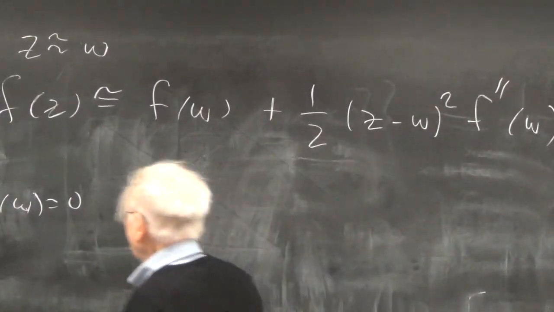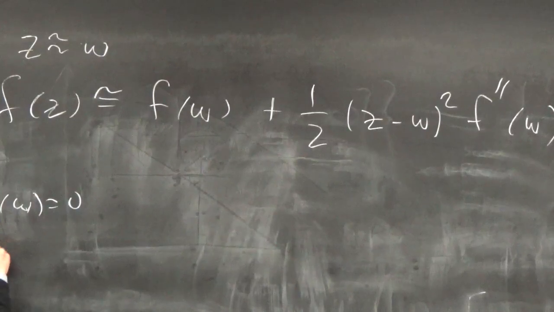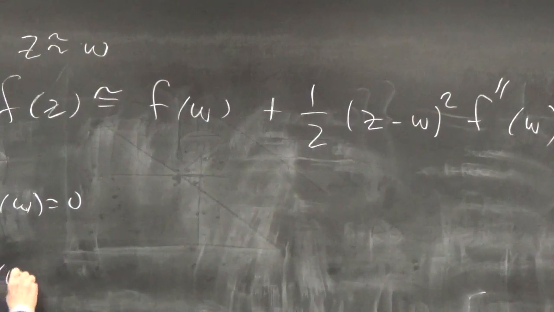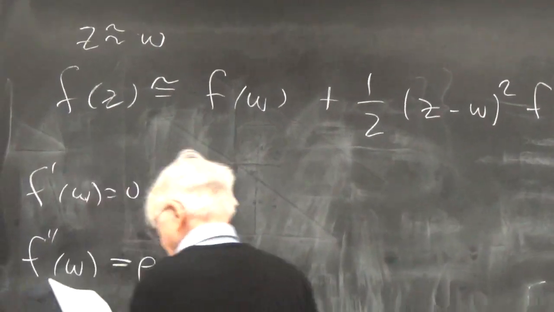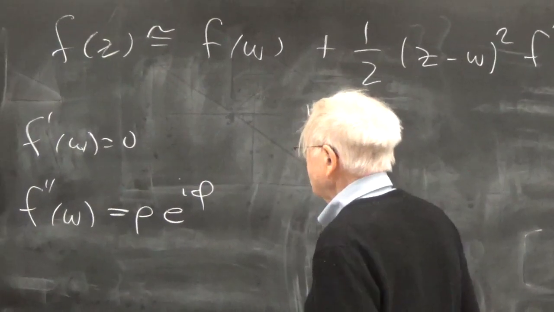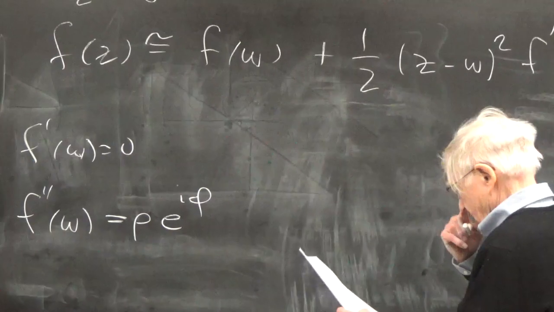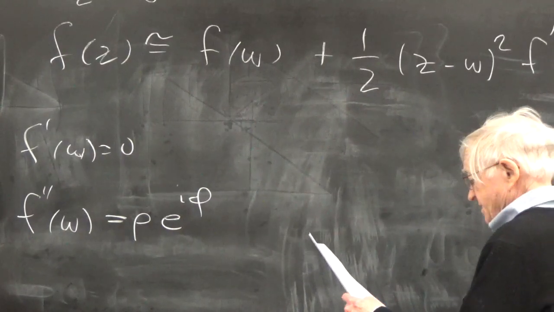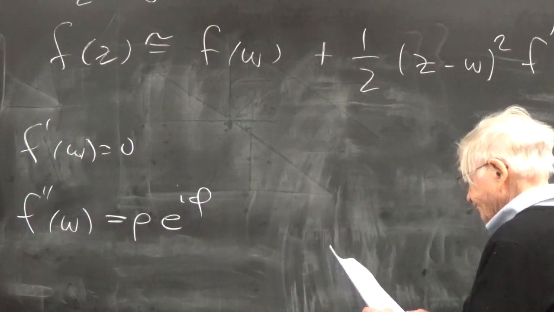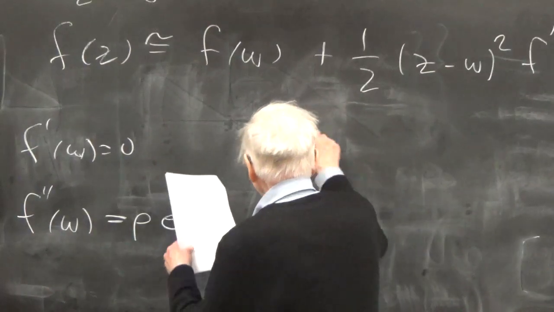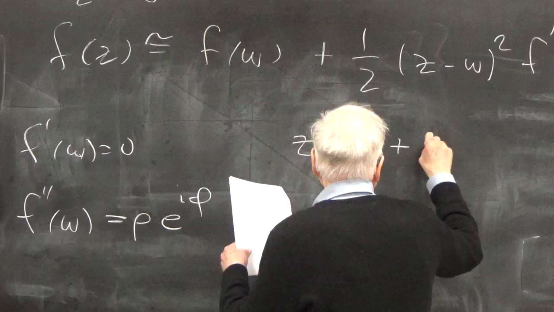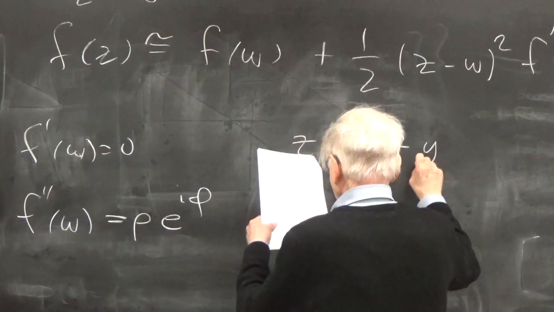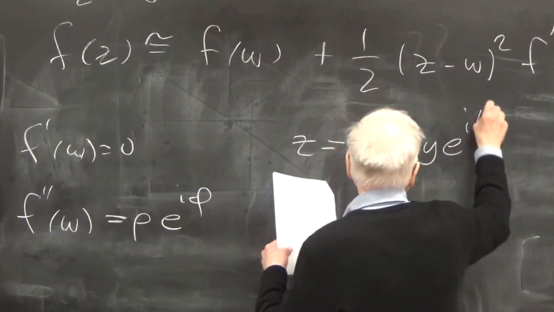And we're going to say that f double prime of W is rho e to the I phi. And what we're going to do then is choose the contour so that the contour is going to be Z is equal to W plus Y e to the I theta.